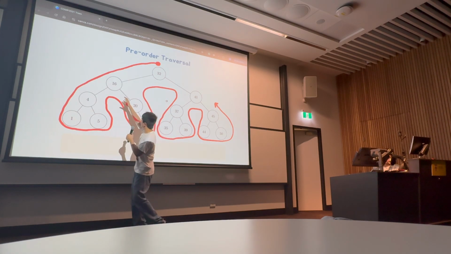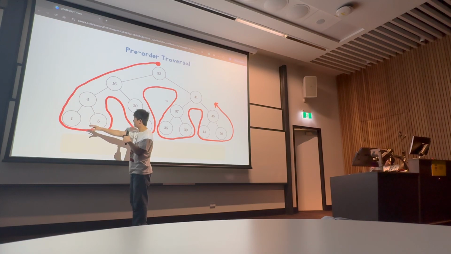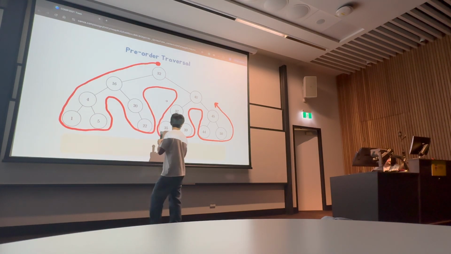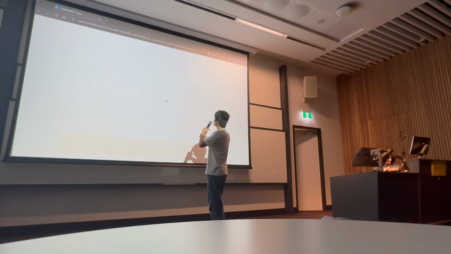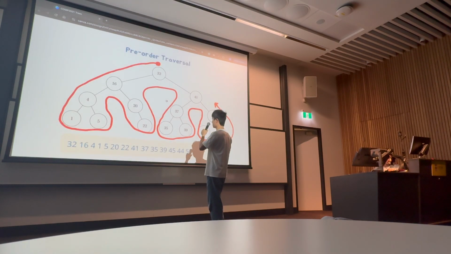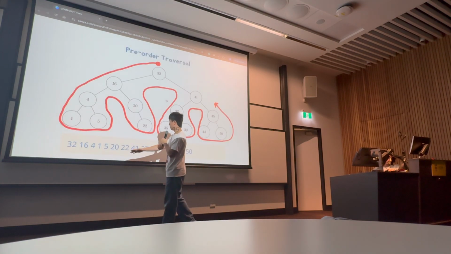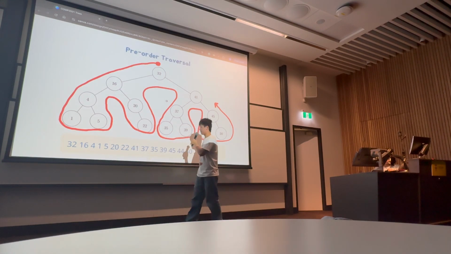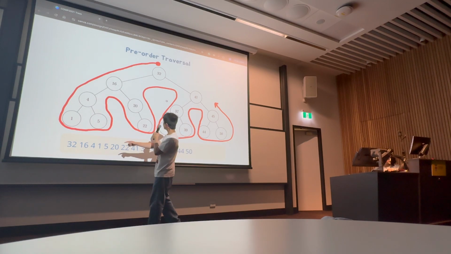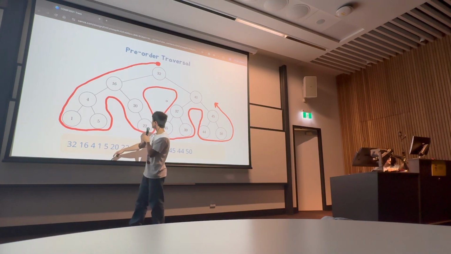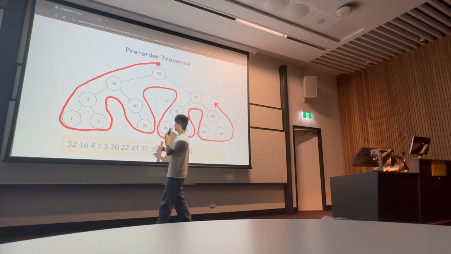Then we visit 16, then 4, then 1, and then 5. On the bottom, it shows the order that all the nodes are visited in: 32, 16, 4, 1, then 5, and then 20 and 22.